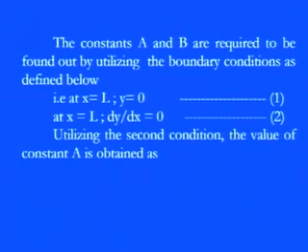If we keep those, we can get the values of A and B. Putting in the slope condition, dy by dx equals 0, we get A equals WL square divided by 2 EI. It's pretty simple. Now if we keep that A value in the deflection equation, we have y equals minus WL cube by 6 EI plus A into L plus B, because we are keeping x equals L.